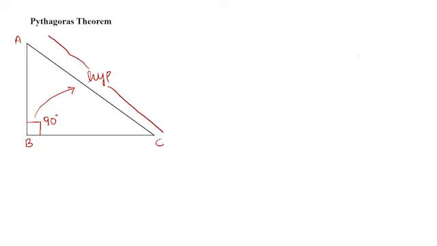Now let us see what the Pythagoras theorem statement says. It states that the hypotenuse square is equal to the sum of the squares of the other two sides. I'll give you the variable equation. Let me consider AC as X, BC as Y, and AB as Z. So what does the theorem say?